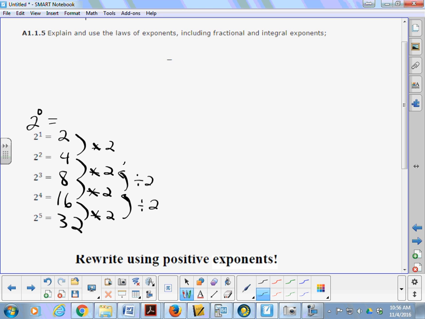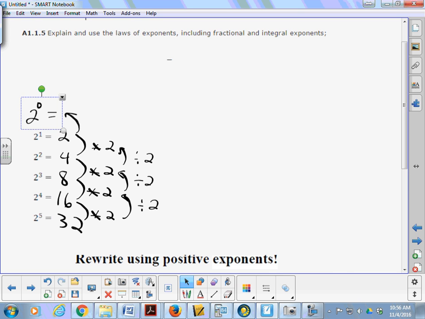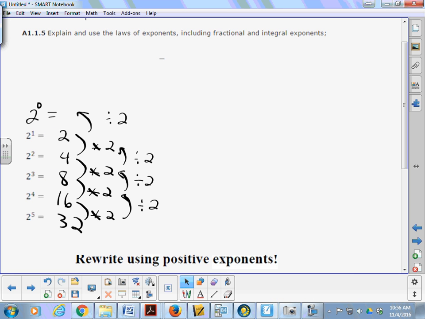So to get from 2 to 2 to the power of 0, we're going to divide by 2. And 2 divided by 2 is 1. So this is equal to 1.